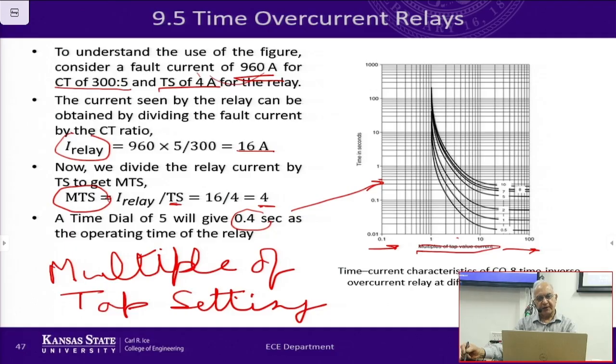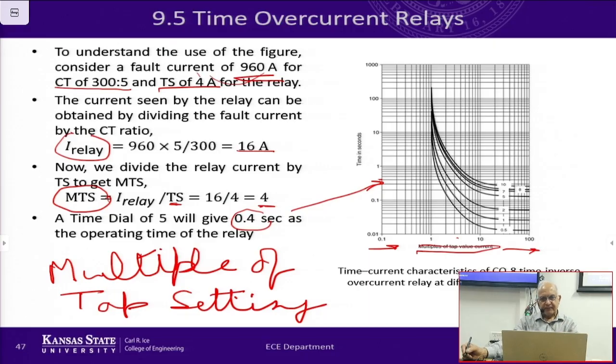Now, the reason why these graphs are given in terms of multiple of tap setting is because they become universal graphs. For any tap setting, this will work. Otherwise, if you give them in actual currents, then that is applicable only for a specific setting that you have selected. It doesn't work for all the settings. So that's why the graphs in terms of multiple of tap setting will be applicable to any tap setting that you want to select.